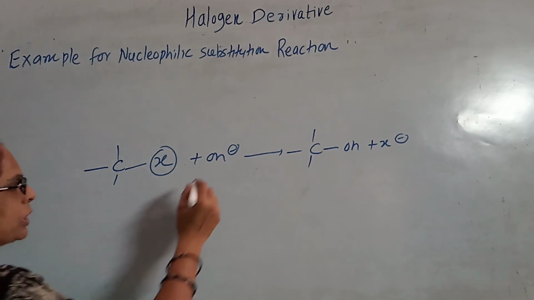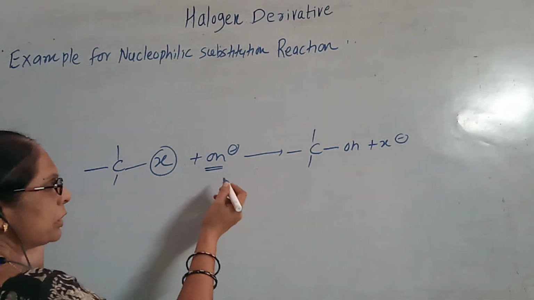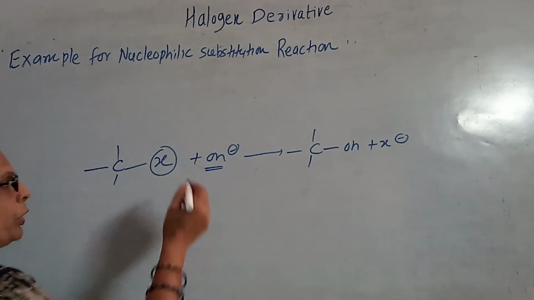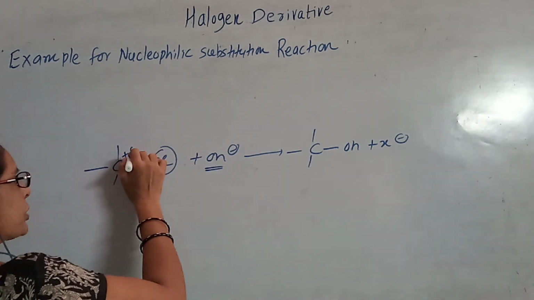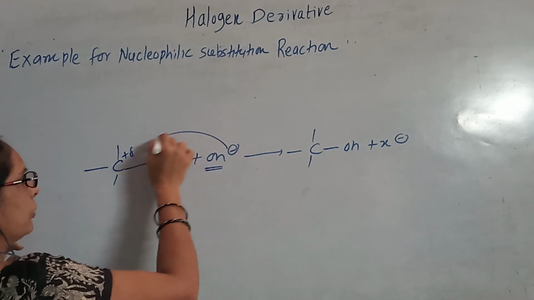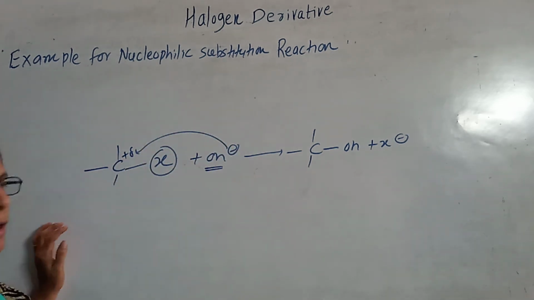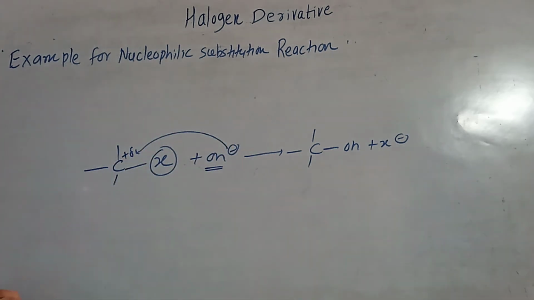And in the substitution reaction, we are using the nucleophile OH minus, and this nucleophile will attack the electron deficient carbon, and you get an alcohol as a product. So the substitution occurs with the nucleophile. Therefore this reaction is called a nucleophilic substitution reaction.